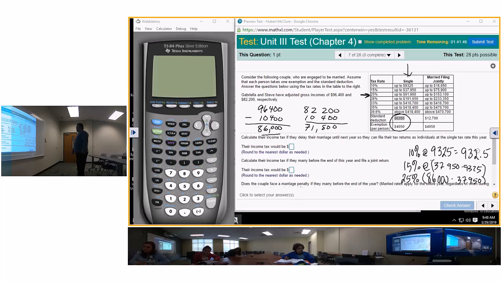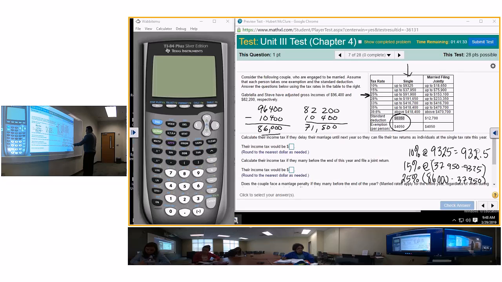And that's for Gabriella. So somebody do the 37,950 minus 9,325 and multiply that by 0.15 and tell me what you get.